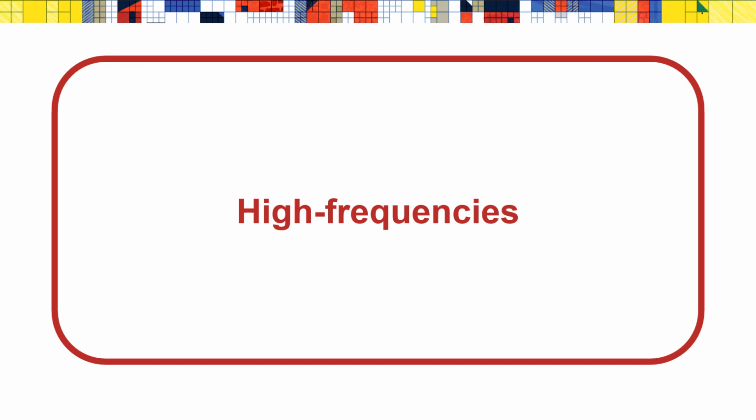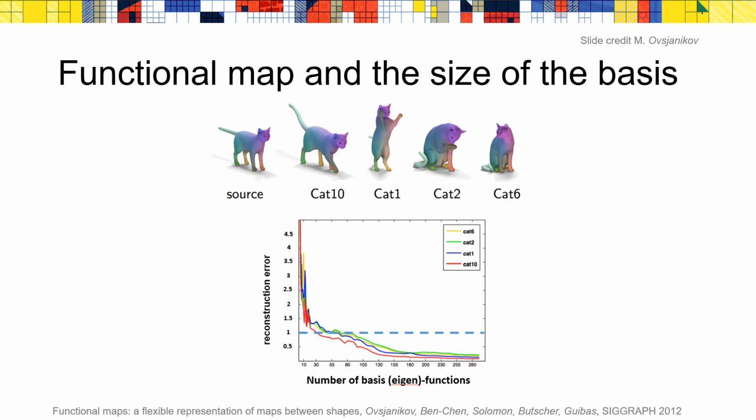functional map representation. So here we have a result from the original paper in which functional maps were proposed. Considering the ground truth point-to-point map between the source shape on the top and each of the four near-isometric shapes, we look at the error in the representation of this point-to-point map with respect to the different number of eigenfunctions that are considered as a basis for the Fourier representation.